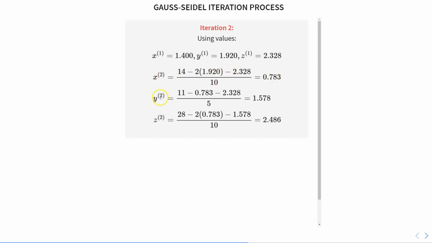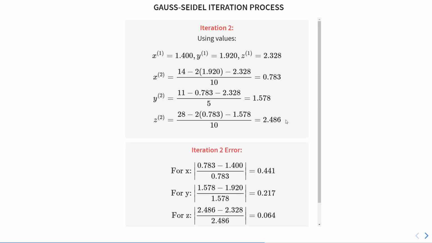Using x2, we plug that in for y2 and get 1.578. Now we have x2 and y2, which we use to calculate z2, and we get 2.486.